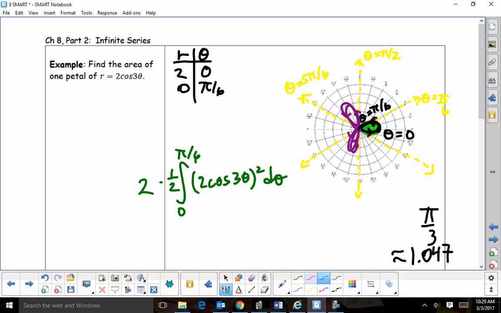Oh, you have to go backwards. Start here and go to here. Yes. Okay?